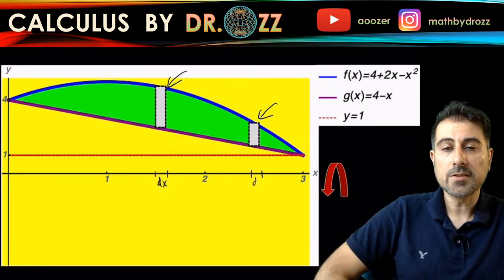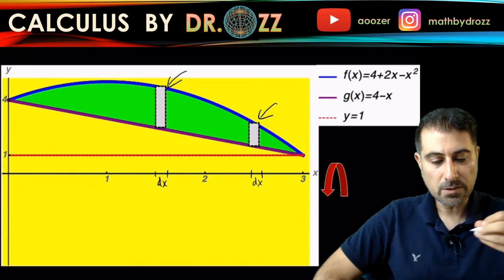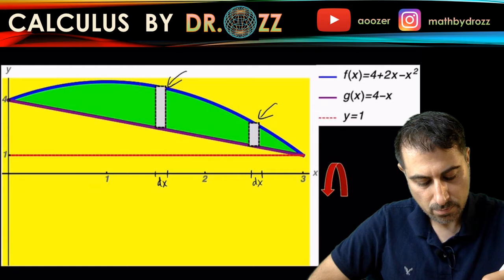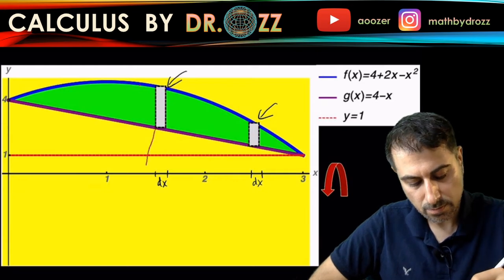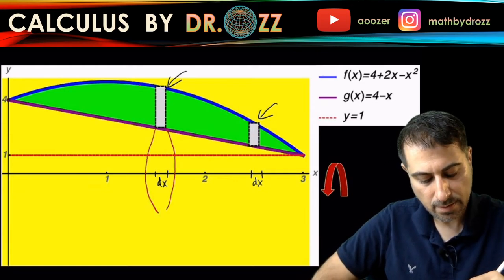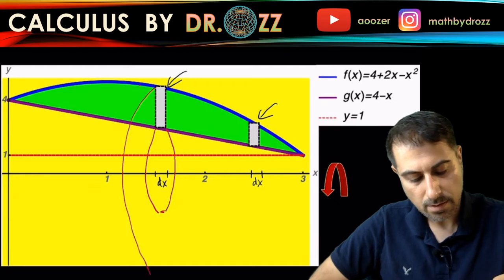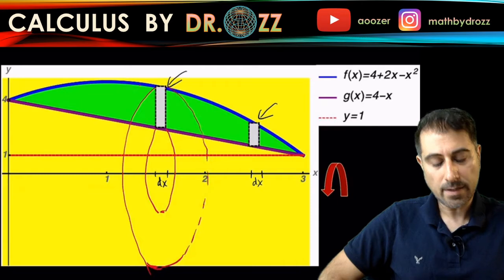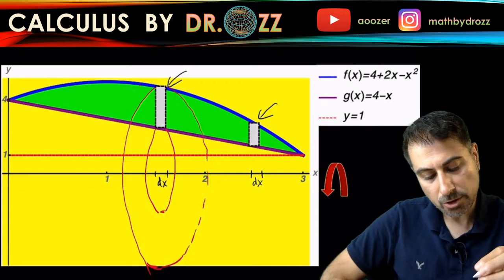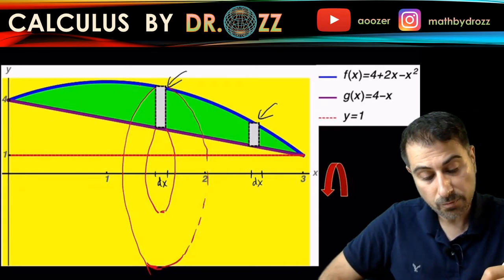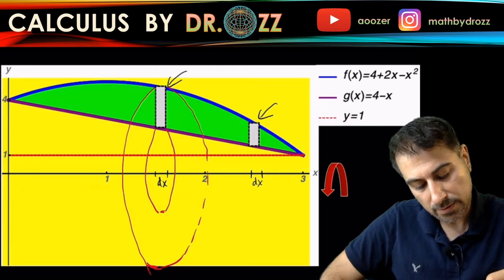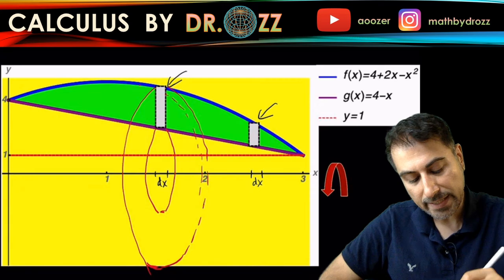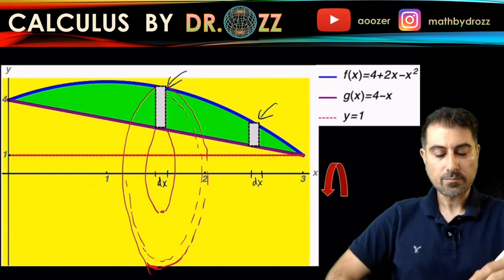Here, one observation is that when you revolve this around, let's just hypothetically revolve one slice. You see that you get a punctured disc, or a washer, with thickness dx.